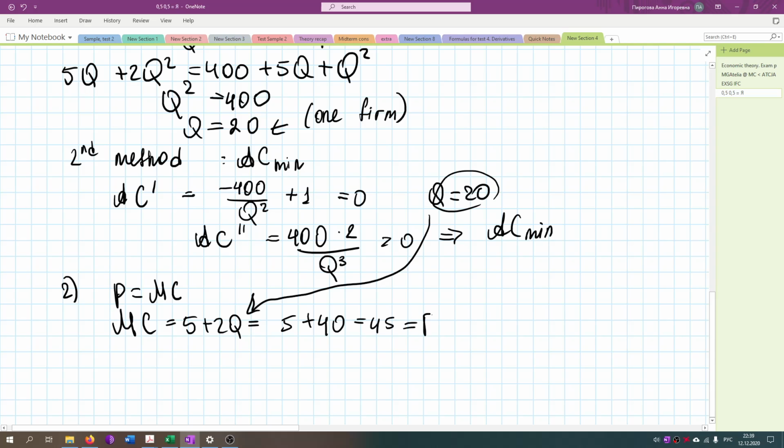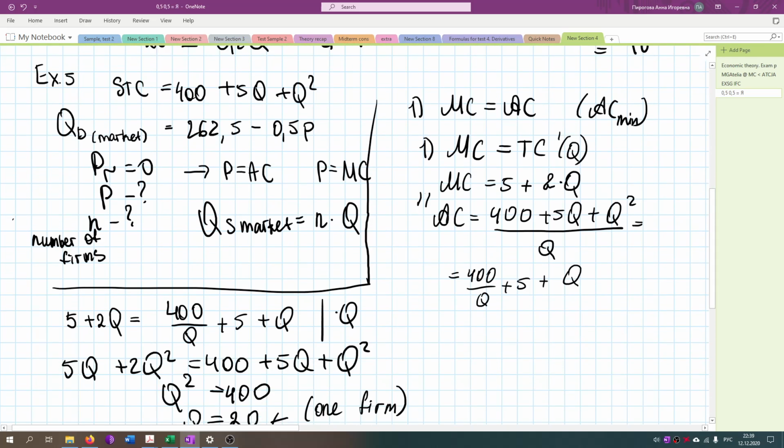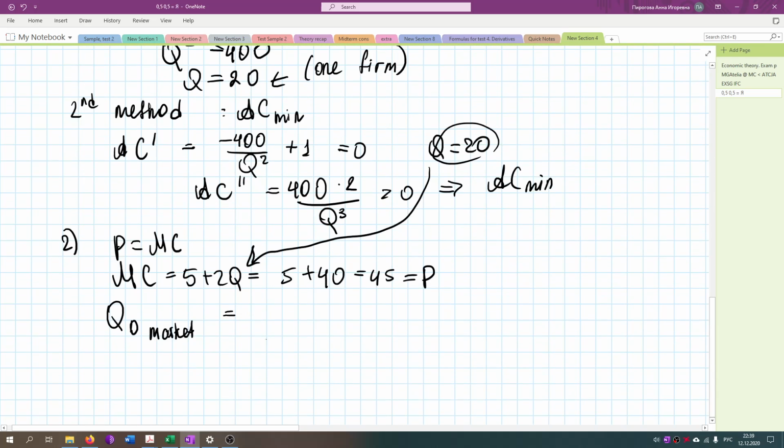This means that our price is equal to 45. And let's see what will be quantity demanded by market if the price is equal to 45. So we use our quantity demanded market and put the price of 45 into it. It will be 240.